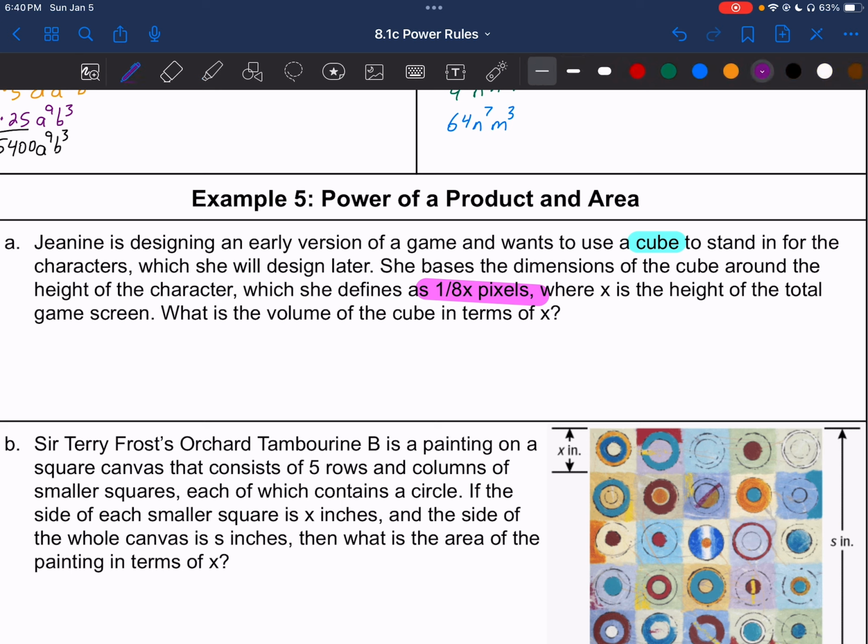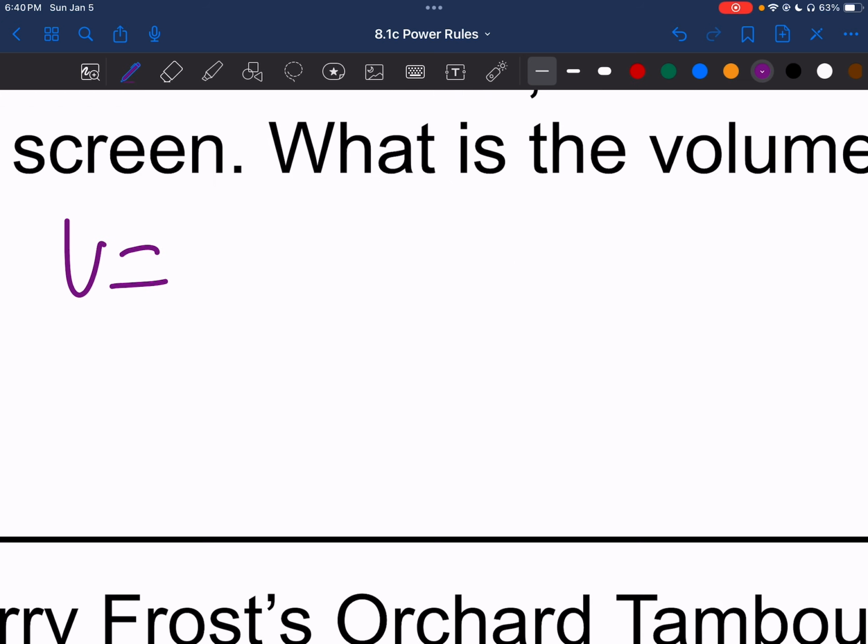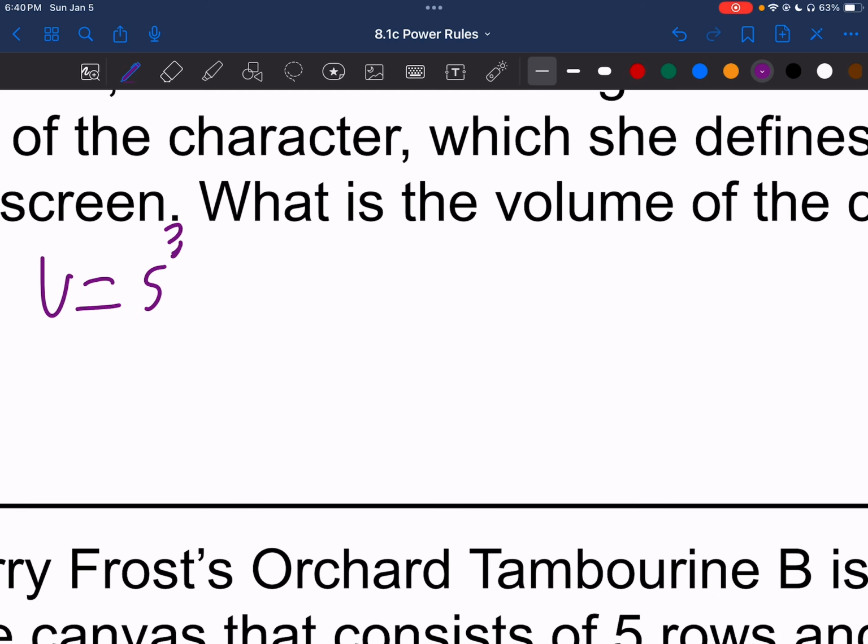All right, so volume of a cube is the side length cubed. And if we know that the height is 1/3 x, we know that we have 1/3 x being cubed. All right.